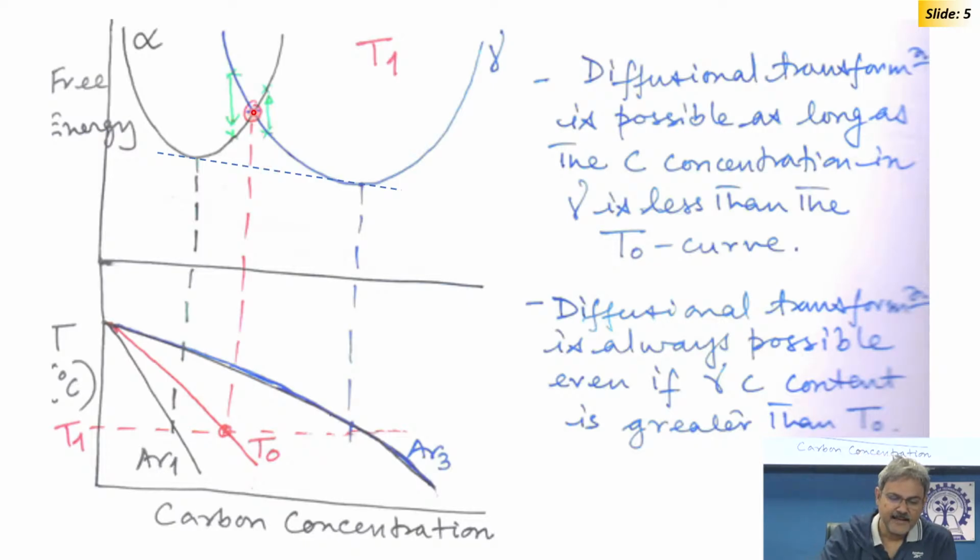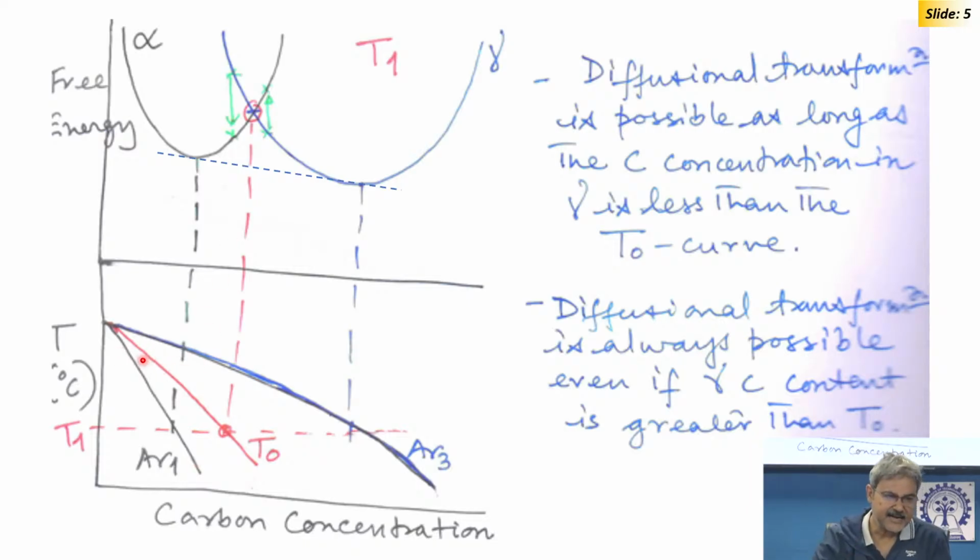Now, there is a point here, and the equilibrium locus, the compositions at the equilibrium points, if you plot it for different temperatures; this is for a particular temperature T1. So, you see the composition of austenite curve in blue, and the composition of ferrite curve, the carbon content in ferrite in equilibrium with austenite, in black.